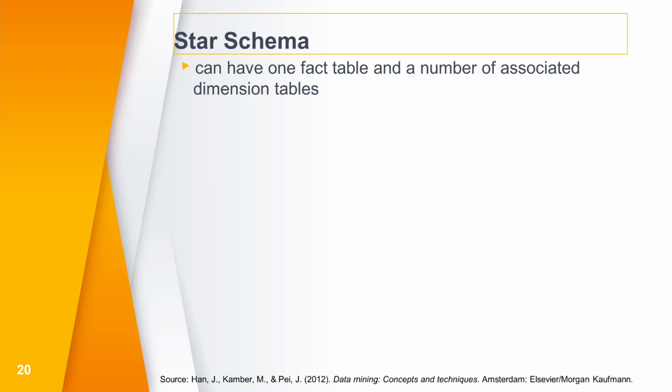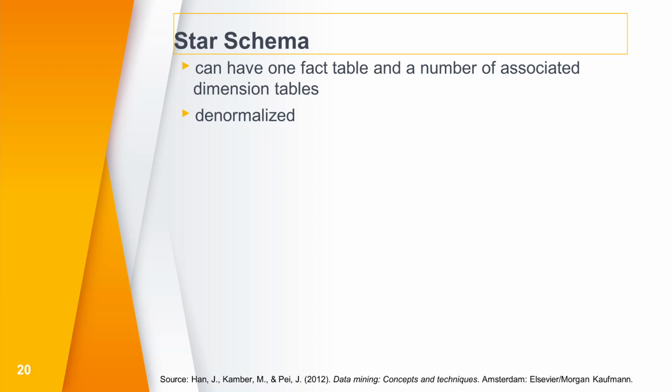The fact table would contain keys and also measures. The dimension tables, on the other hand, are tables joined to the fact table using the foreign key. In the star schema, the dimension tables are not allowed to join to each other.